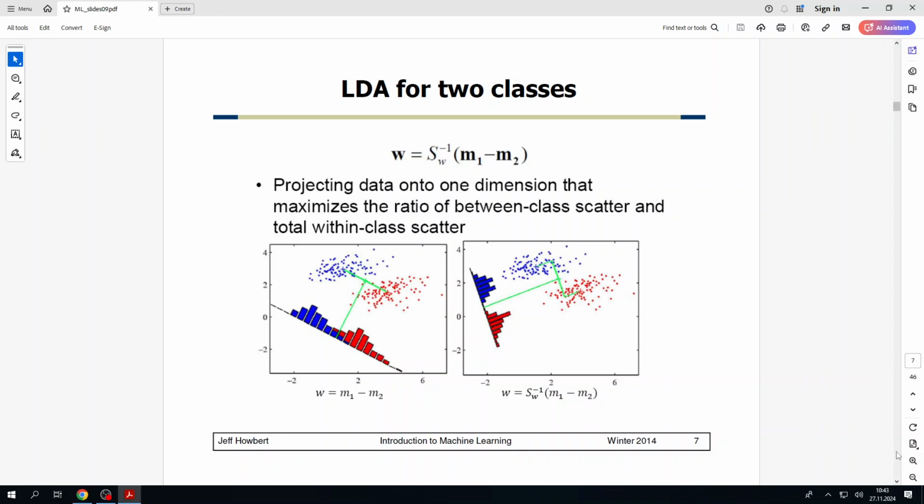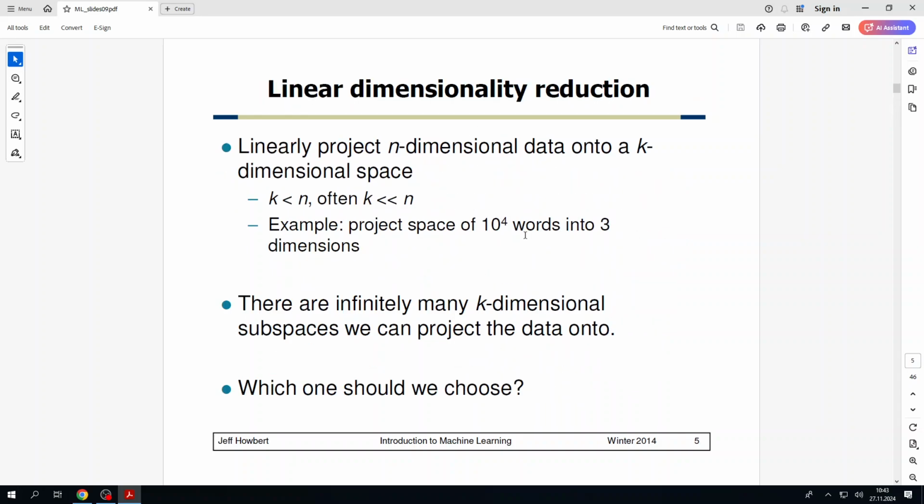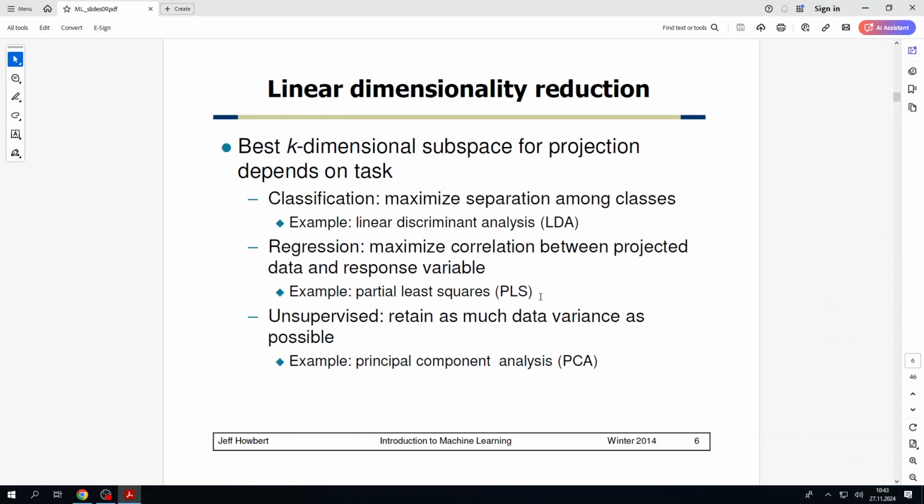But what if you do not know these labels and you have an unsupervised dimensional reduction problem? As we have seen here, we are going to use something called principal component analysis, which effectively remains the same.